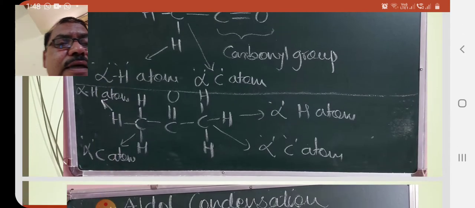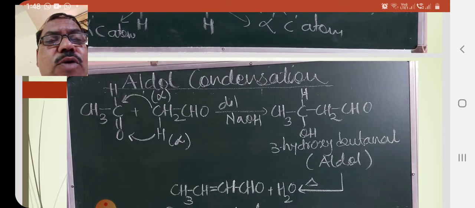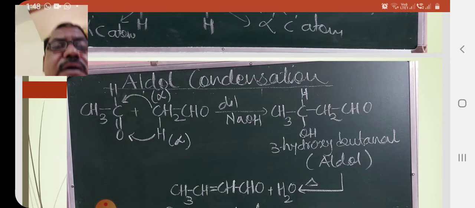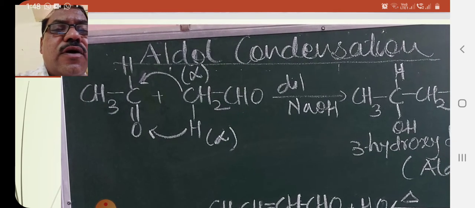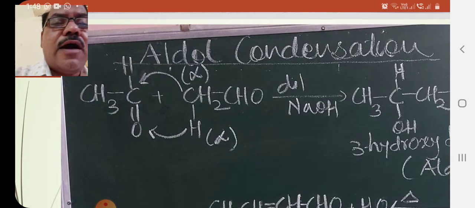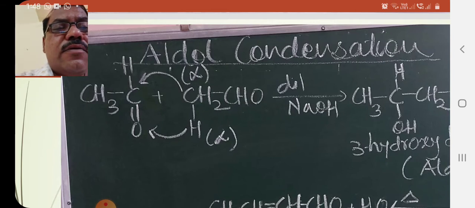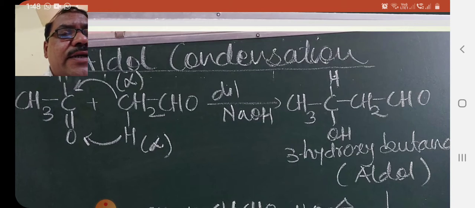In the example you can see clearly, when two molecules of acetaldehyde react with each other in the presence of dilute or 10% NaOH, as I have shown by the arrow, the alpha hydrogen attaches to the oxygen atom of the carbonyl group and the alpha carbon attaches to the carbonyl carbon, and therefore the compound formed is CH3CHOHCH2CHO.